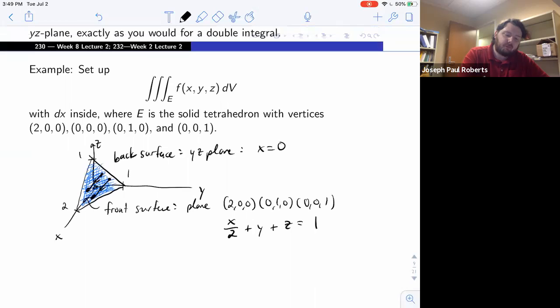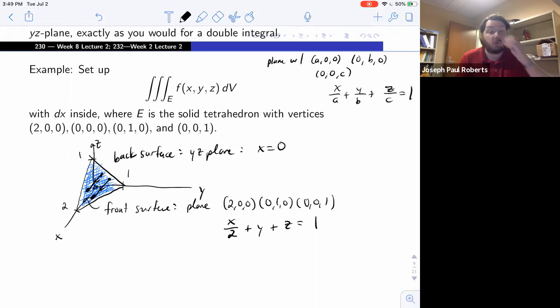So a plane with intercepts (a, 0, 0), (0, b, 0), (0, 0, c) is x over a plus y over b plus z over c equals 1, I think was the formula I gave yesterday. So certainly that is a plane equation. It contains the 3 points that we want, and because a plane is defined by 3 points, that has to be the plane that we're after.